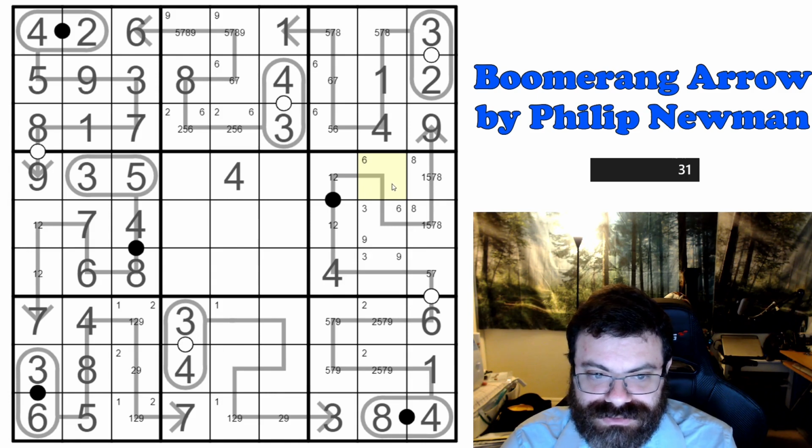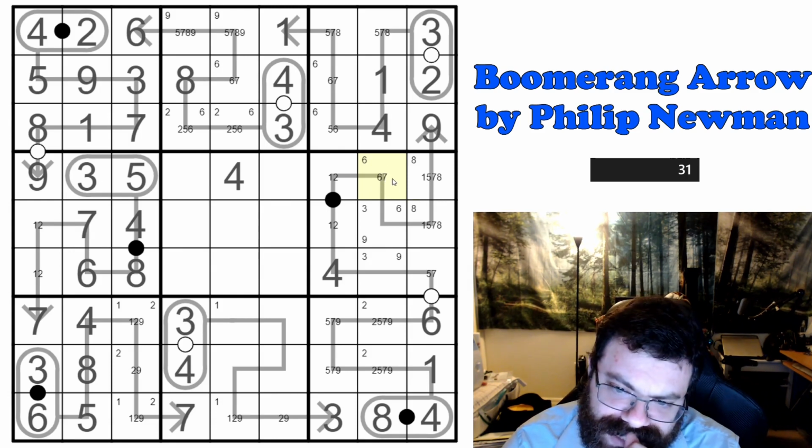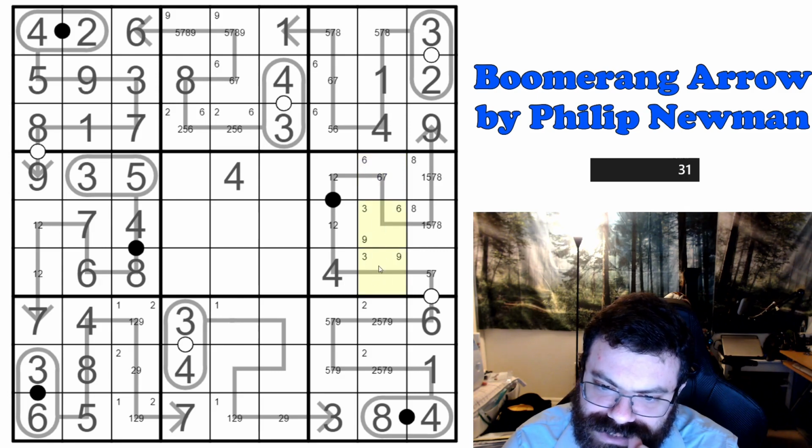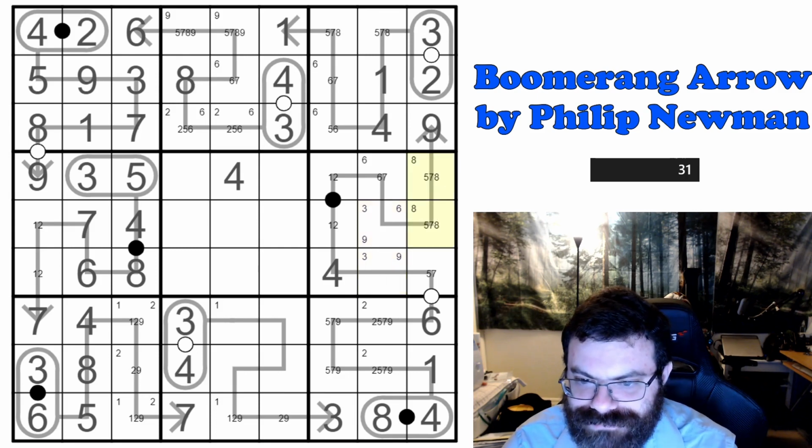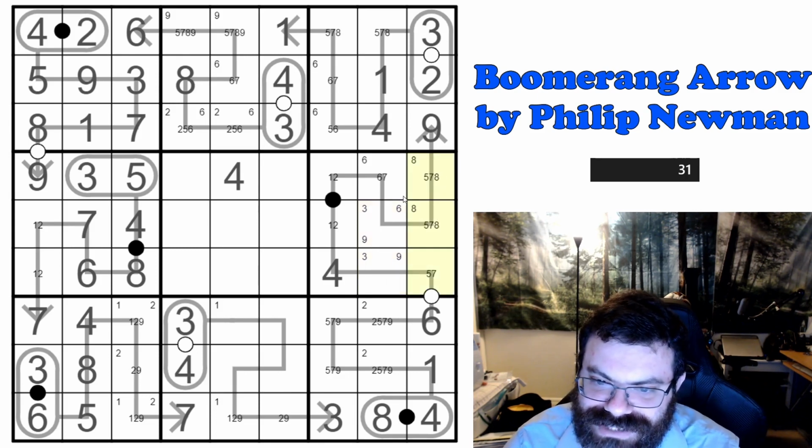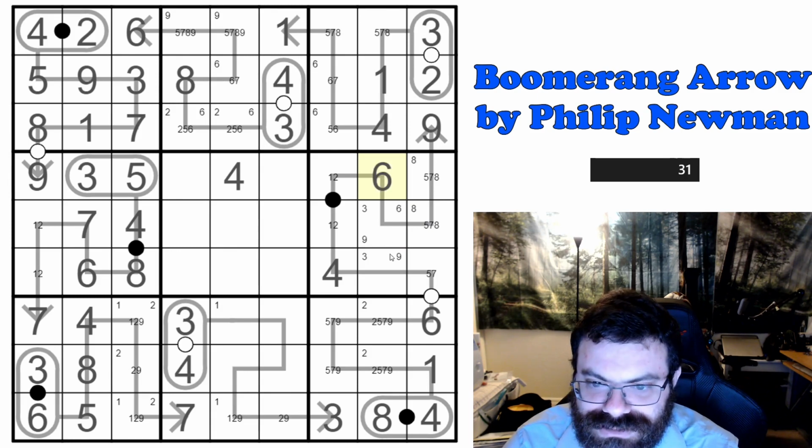Can be 6. Can be 6 or 7, 8, 9. But I think if it were 7, it would screw up what I've corner marked here. Okay. This is easier to see. This is a 5, 7, 8 triple, so this has to be 6. So this is a 3, 9 pair.